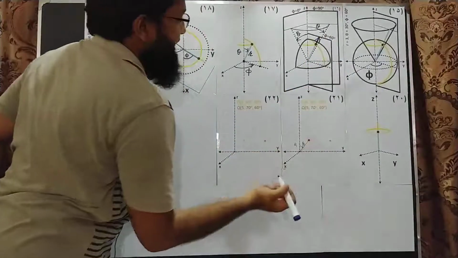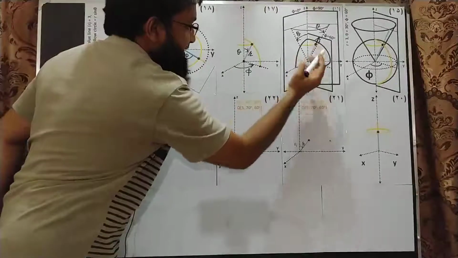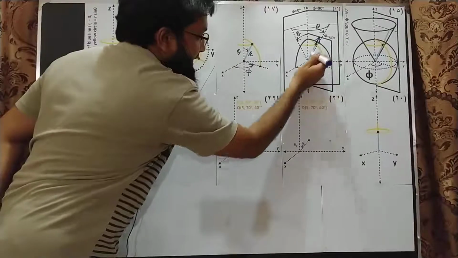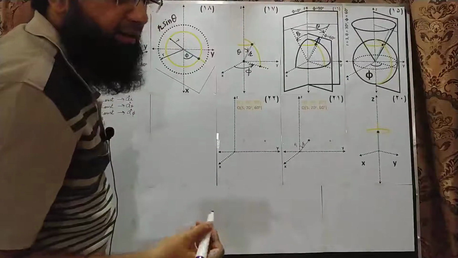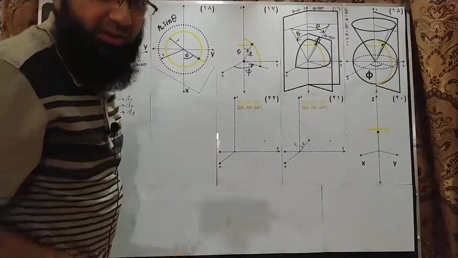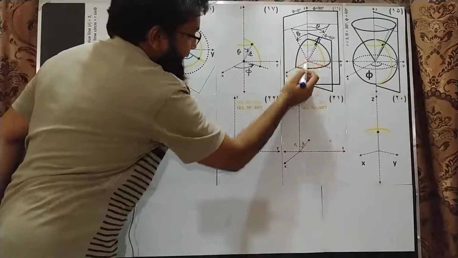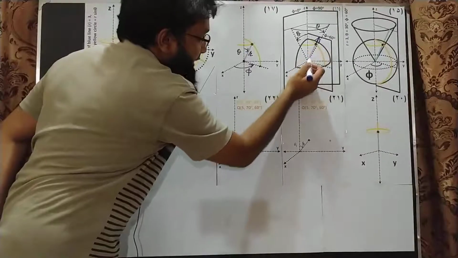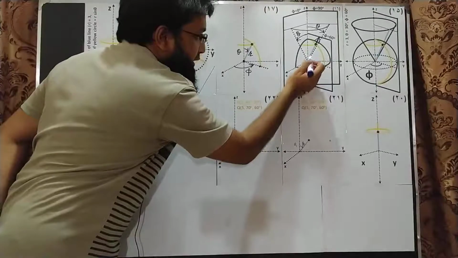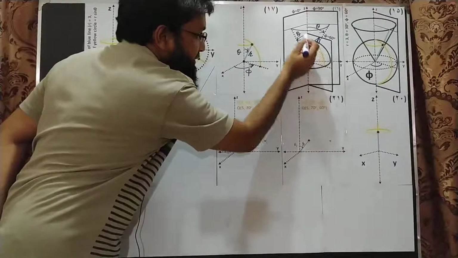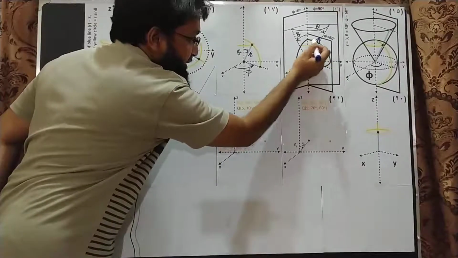If I move in this direction, theta and phi will be constant, and this direction, since it is along the radial line of this sphere, radial lines are always perpendicular to the sphere. We all know that. And if I draw a perpendicular to this blue line at this point, that line will be tangent to the sphere.